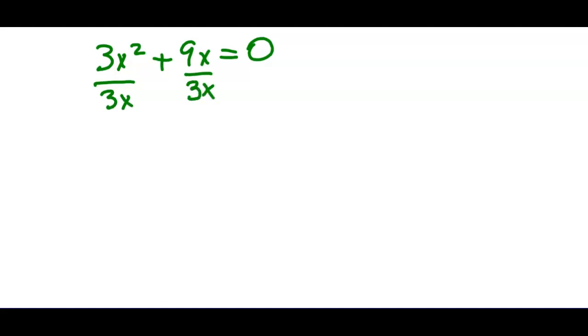I can divide both of them by 3 and by x. So my 3x goes on the outside. If I divide this by 3x, what am I going to have on the inside? x. If I divide this by 3x, what am I going to have on the inside? Plus 3 equals 0. Okay?